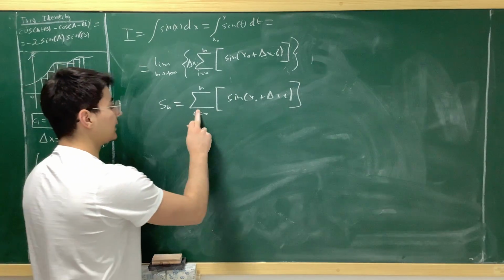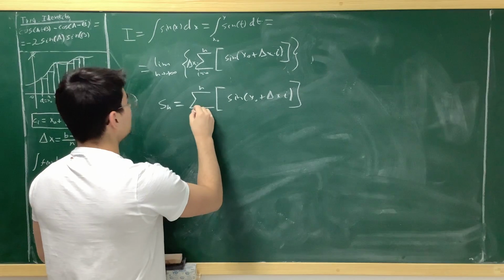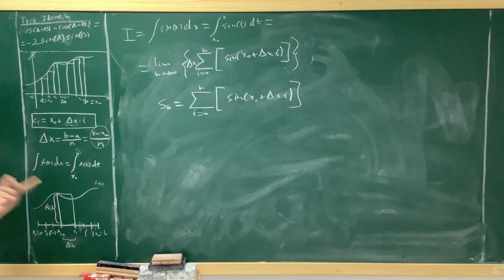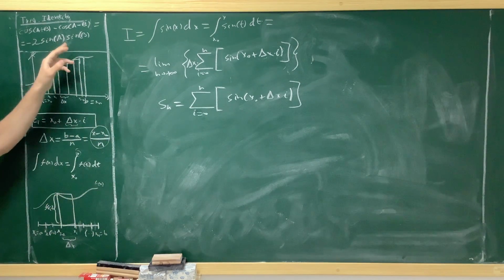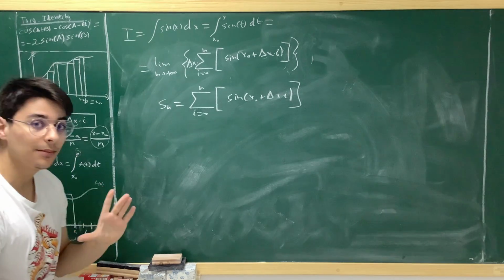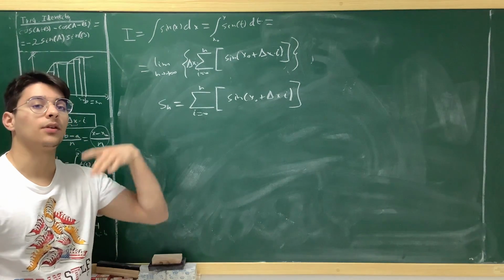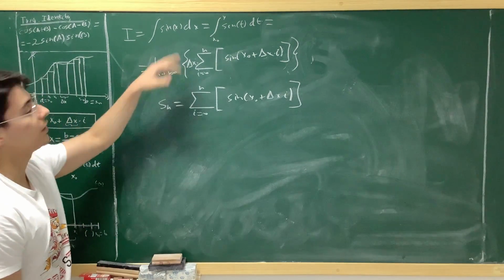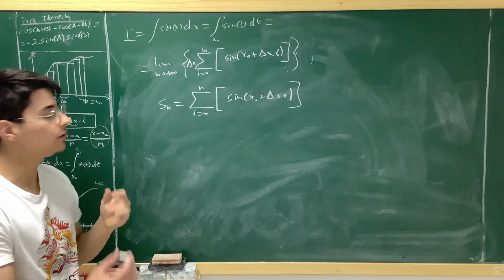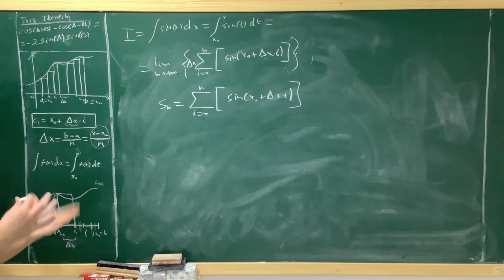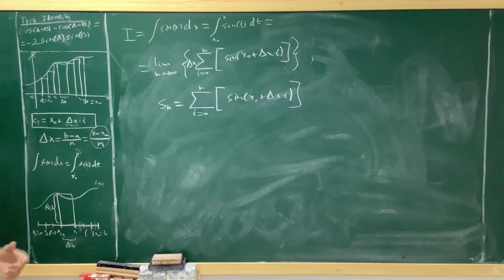But the thing is that we are going to use a trigonometric identity, which is this one, and this is really similar to the identity we used for the integral of the cosine, but because we're dealing with a different function, we need a slightly different trigonometric identity.